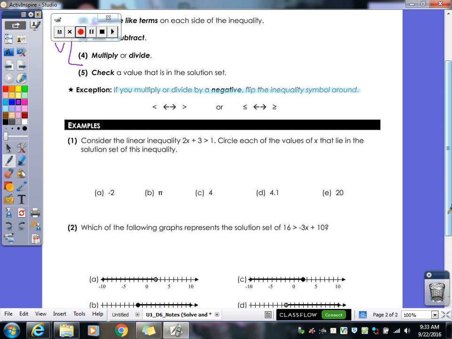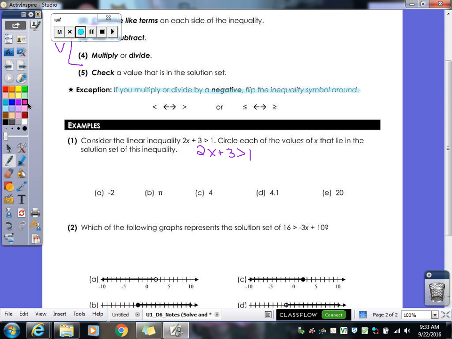So let's take a look at our first example. We have the linear inequality, 2x plus 3 is greater than 1. They want us to circle each of the values of x that lie in the solution set. So we may have more than one answer. Just like we would for any equation, look first, do we have anything to distribute? Nope. Do we have any like terms to combine? Nope.